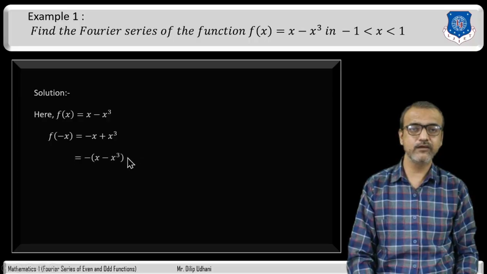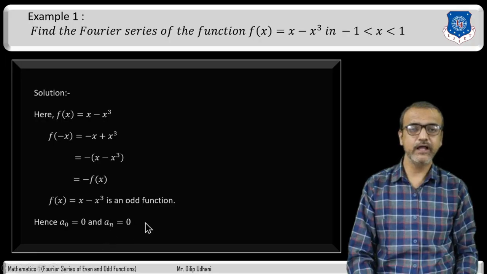Now taking minus sign common, we have minus into bracket x minus x cube, and x minus x cube is nothing but the given function. So we have f of minus x equals to minus f of x. So from this result we can say that f of x is an odd function. So a0 and an will be 0 and we have to find only bn.